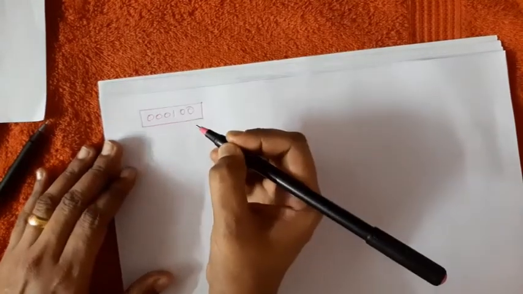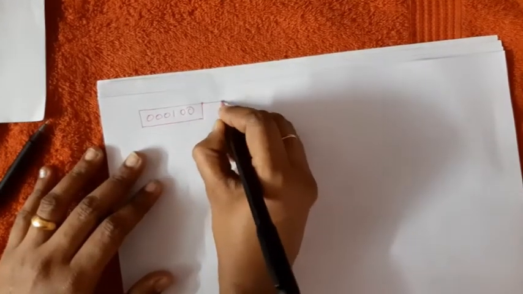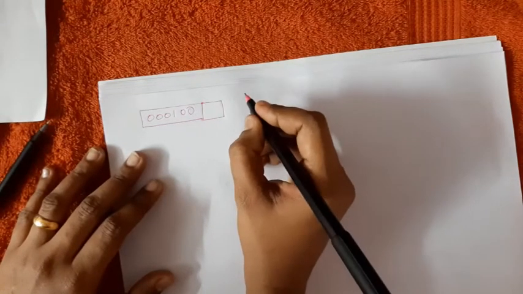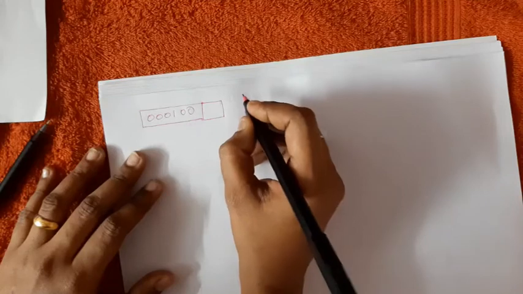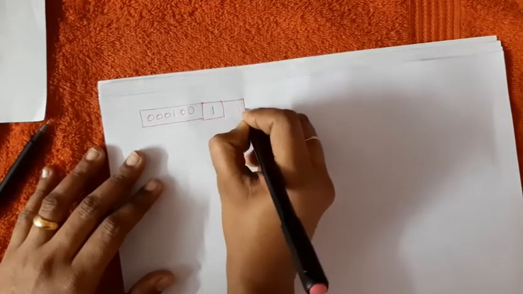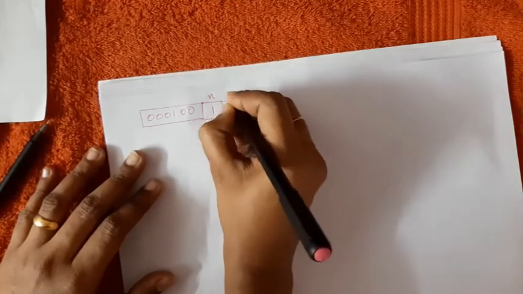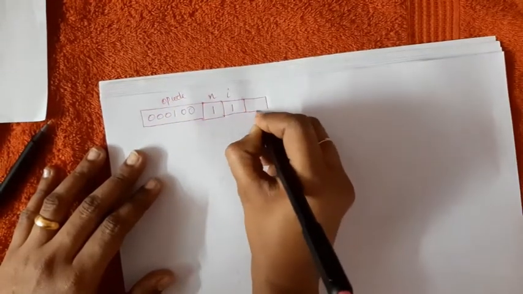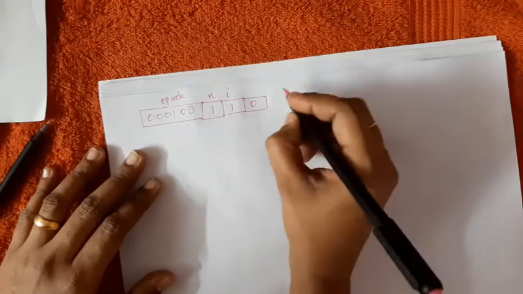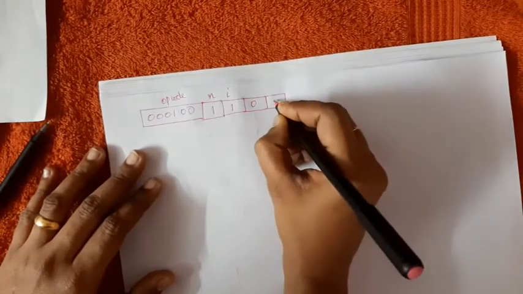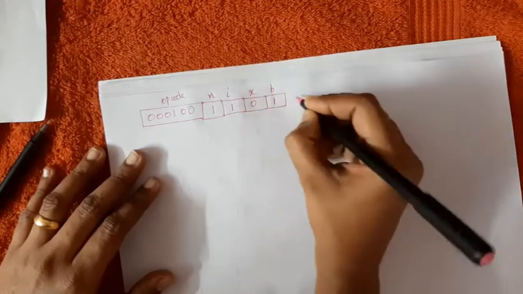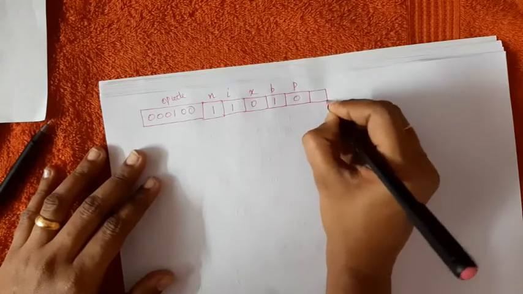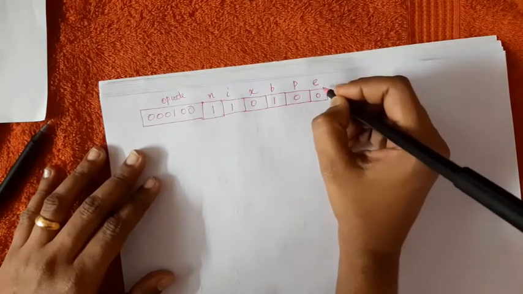Next, N and I: this instruction is neither indirect nor immediate, so N is set to 1 and I is set to 1. X is not a part of the instruction, so it is set to 0. I have calculated using base relative, so B is set to 1. The program counter bit P is 0. E is 0 because the instruction is format 3.